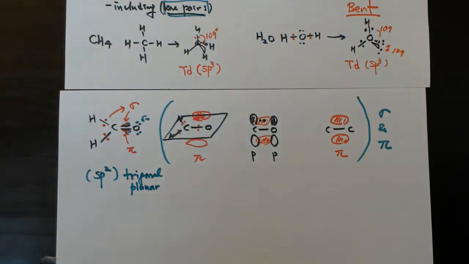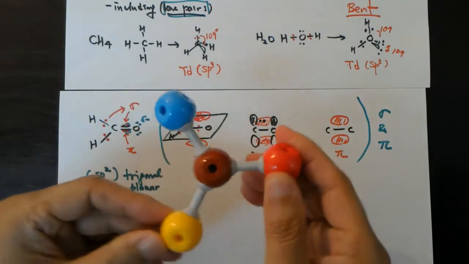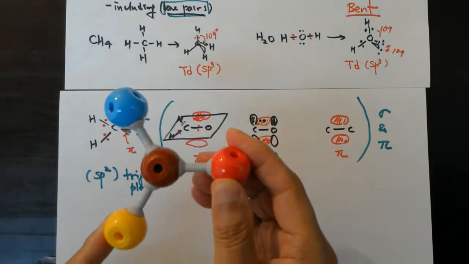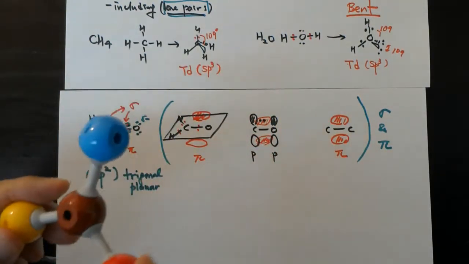Which means you have carbon that looks like this, also oxygen that looks like that.